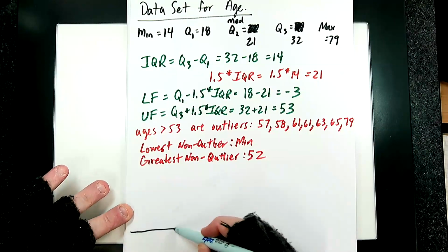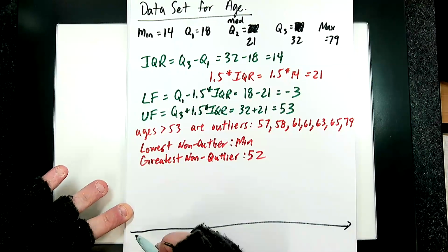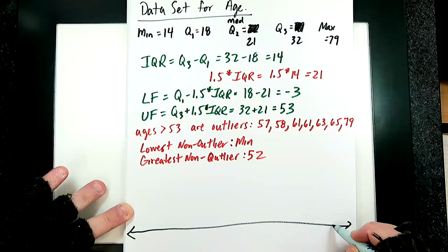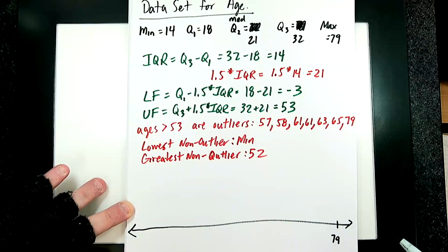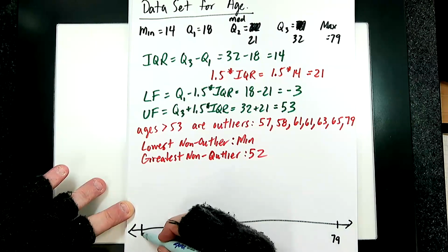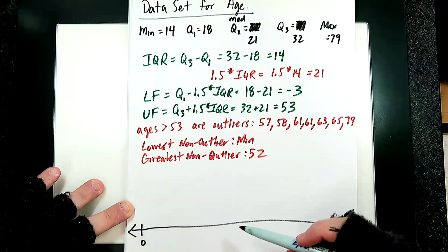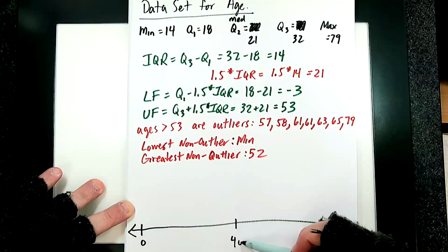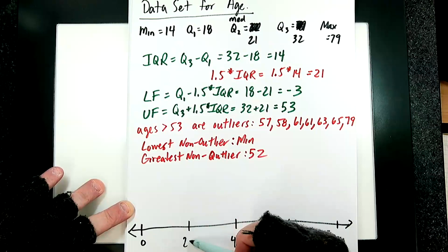Okay, so I'm gonna make a number line. And the largest number on my list is 79. And I'm gonna put 0 over here just so I can try to break this up in increments of 20.